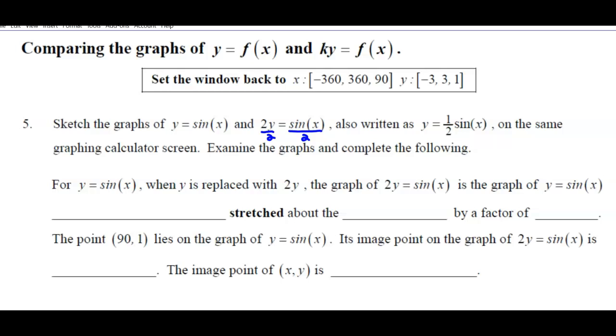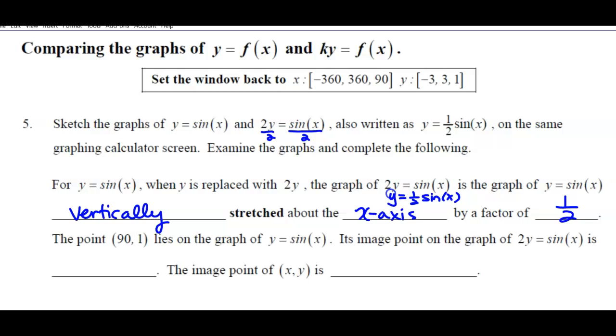So when y is replaced with 2y, it's still going to be the reciprocal here. But the nice thing with these is if you solve for y, then that's what the vertical stretch is. You can't do that with the x's, right? So this is vertically stretched about the x-axis by a factor of 1/2.